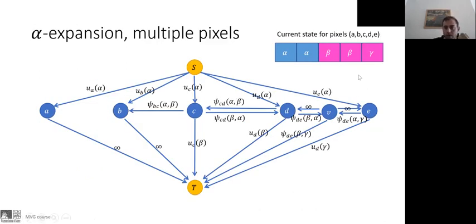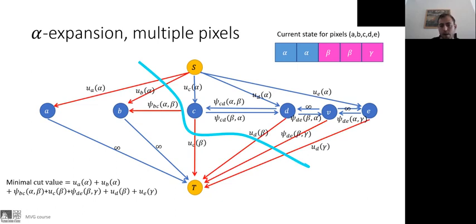In general, I will not show it for the entire image, but for 5 pixels, for example, if we have alpha, alpha, beta, beta, gamma, we want to allow in the next iteration C, D, and E to either change to alpha or keep their current value. I built this graph, which is just a concatenation of what we had before for different cases. We actually handled all the cases, so we can find a solution globally according to the cut.